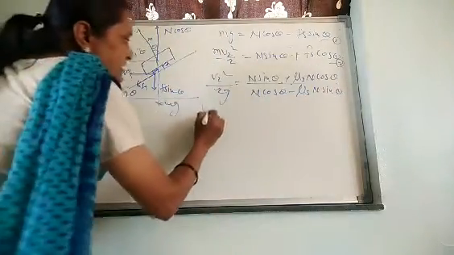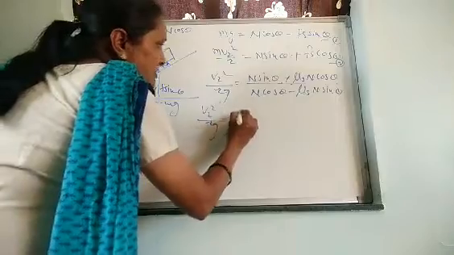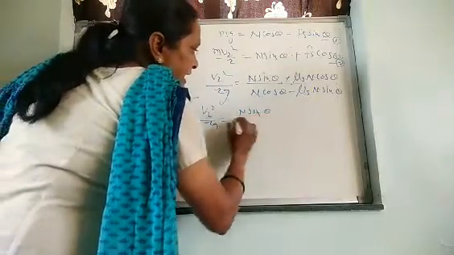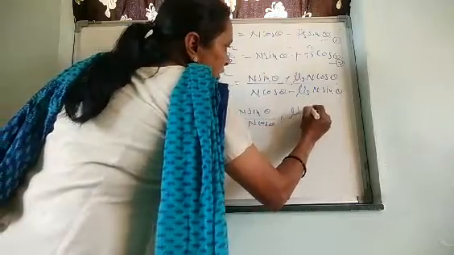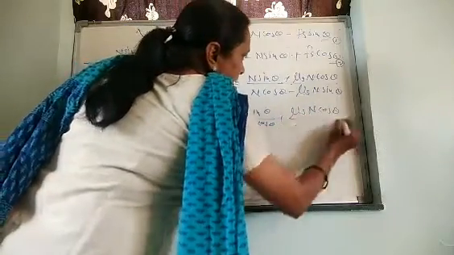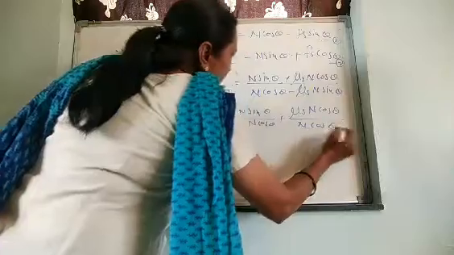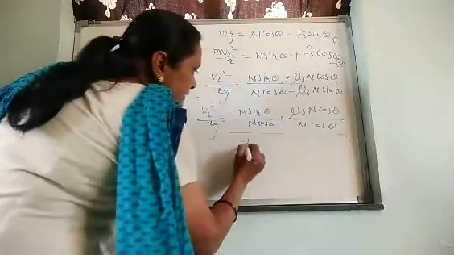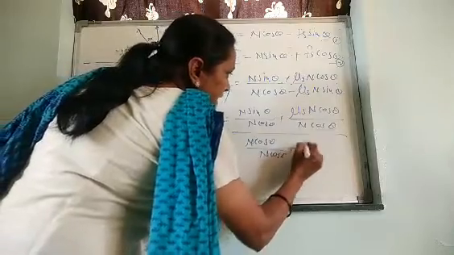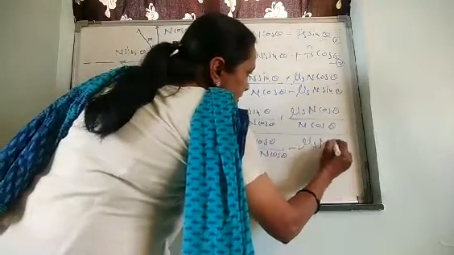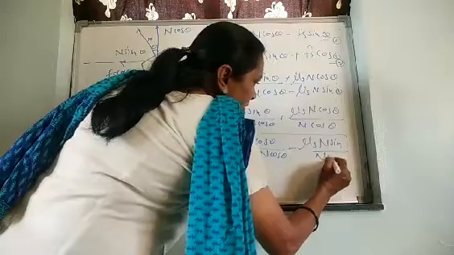Again, if we divide by n cos theta, v2 square upon rg is equal to n sin theta upon n cos theta plus mu s into n cos theta upon n cos theta, divided by the whole, that is n cos theta upon n cos theta minus mu s n sin theta upon n cos theta.